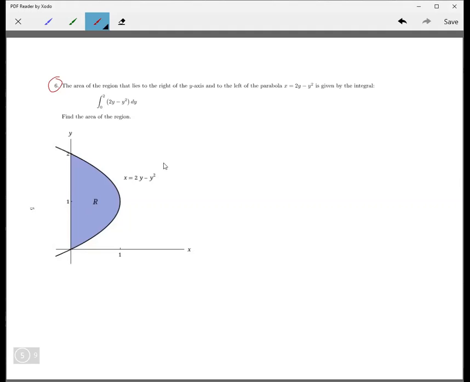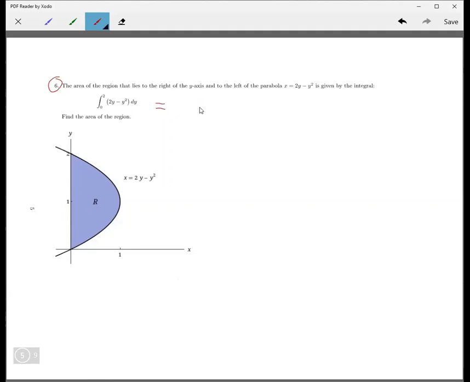So that's kind of how that works. You don't necessarily have to have a region that's defined in terms of functions of x. This is a boundary that's a function of y.